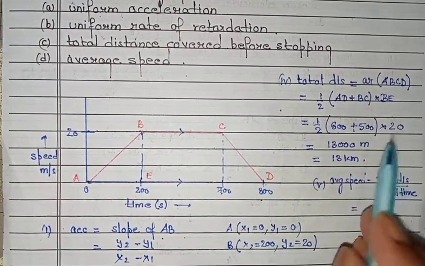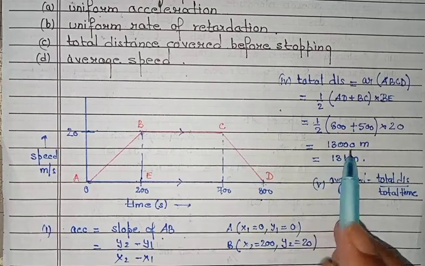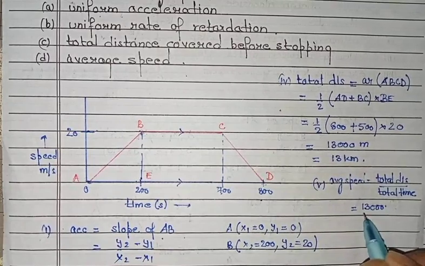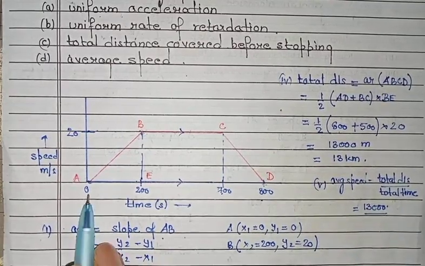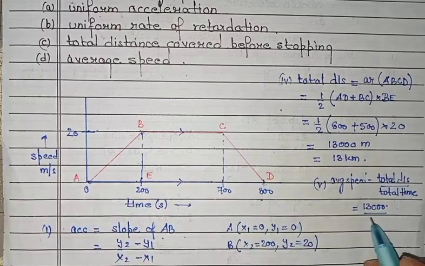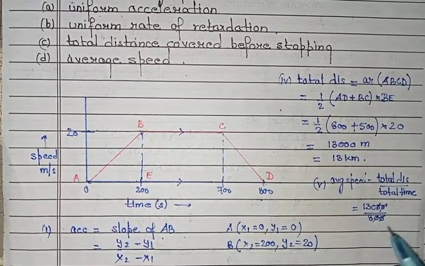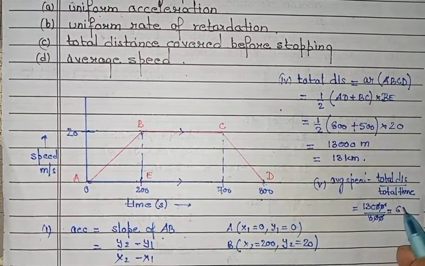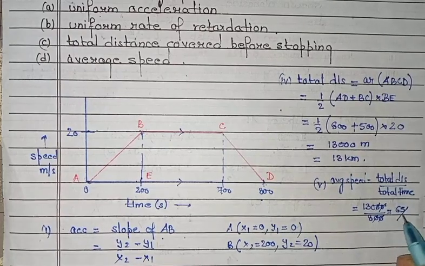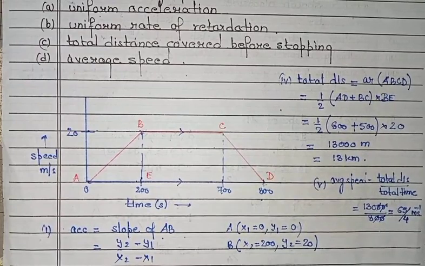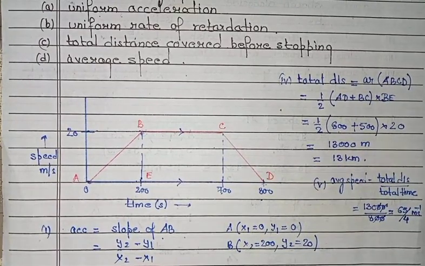So here you can see total distance in meter is 13,000 meter, and the total time is from 0 to 800, that is 800. So when you reduce it, you are getting 65 by 4 meter per second. So this will be the average velocity.